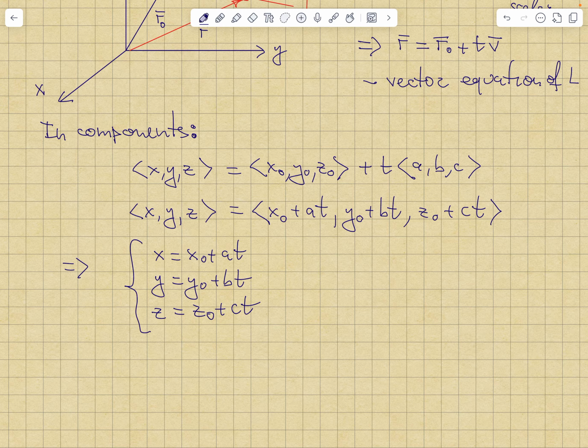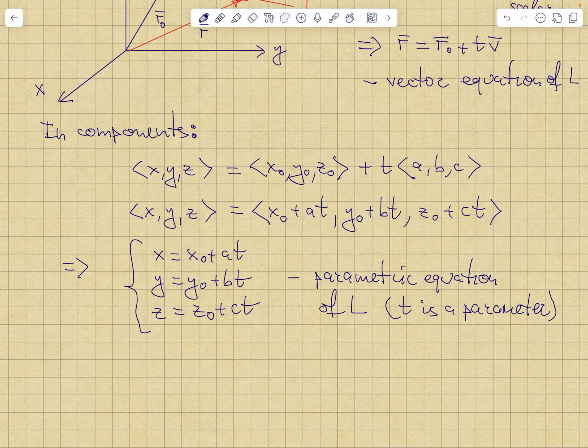This is a scalar equation of a line, but you can also call it the parametric equation of a line. And in this parametric equation, t is a parameter, because t is not really a spatial coordinate.